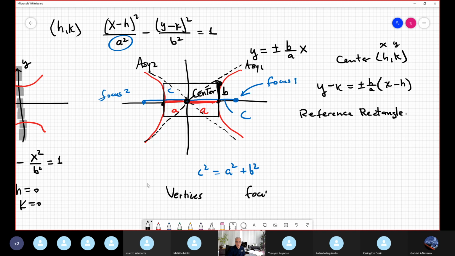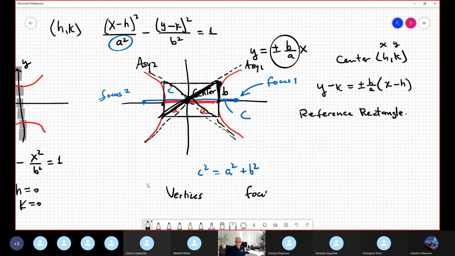Therefore, the slope is rise over run, which is b over a. That is the reason it's b over a. This is the auxiliary construction. Actually, you put a, you put b, you apply the reference rectangle, you draw the line through the diagonal, the corner, and this is the asymptote. And you extend it, of course, in both directions. This is a line, not a segment.